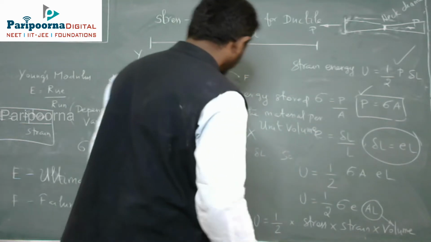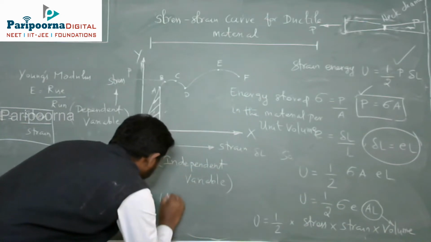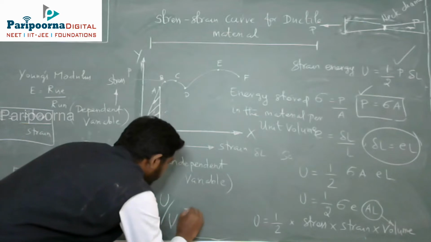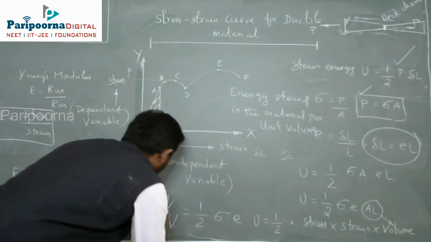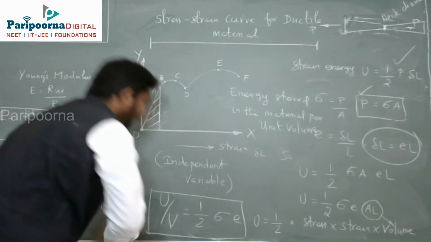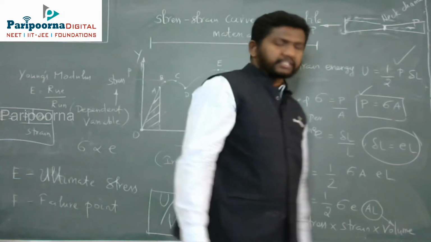So in this equation, you can bring this volume to this side, so this will be 1 by 2 stress times strain. This is the strain energy stored in the body during the tensile test.